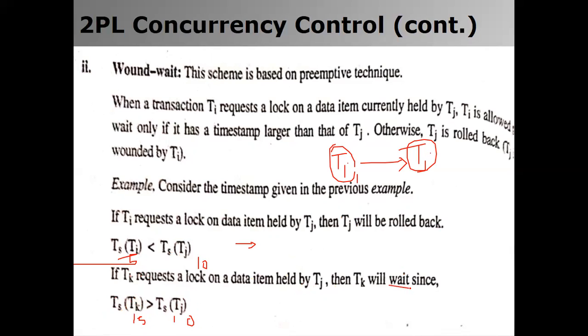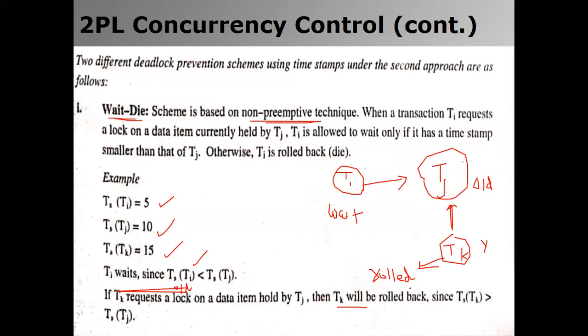So you can see the difference between the wait die and the wound wait protocol. In wait die, it is working in a different manner: an old transaction, if its timestamp value is less, is waiting, and if its timestamp value is more, it is rolled back.